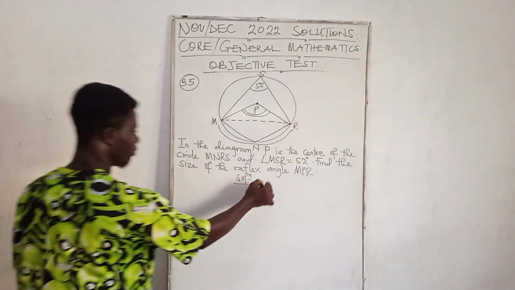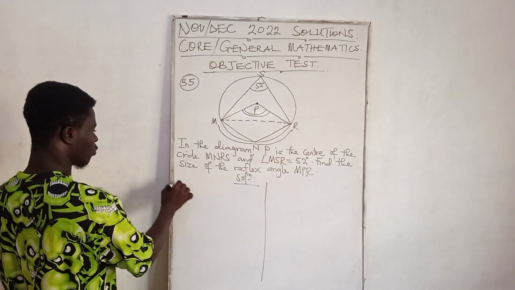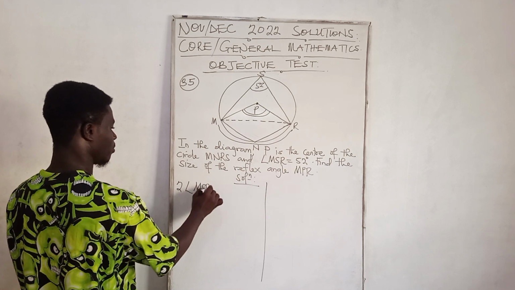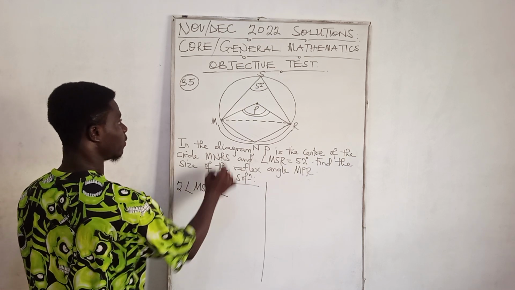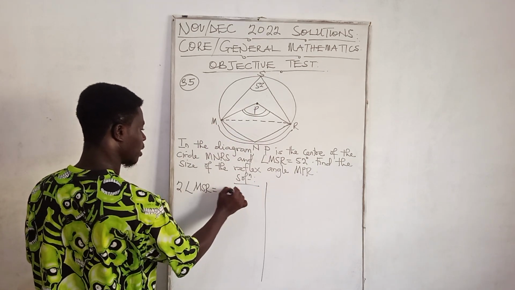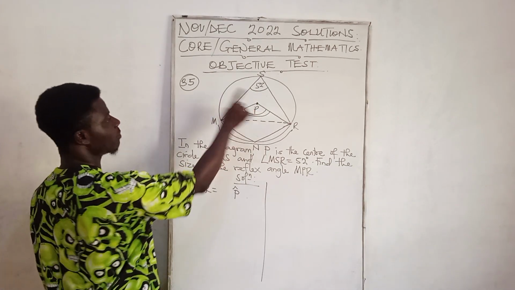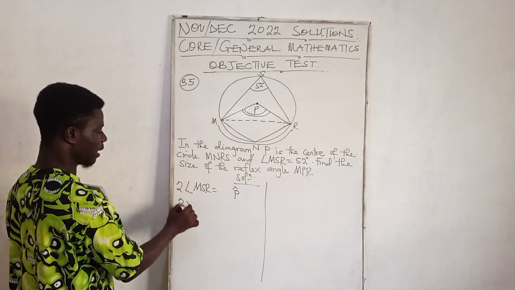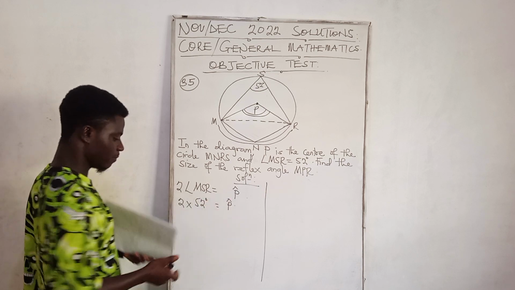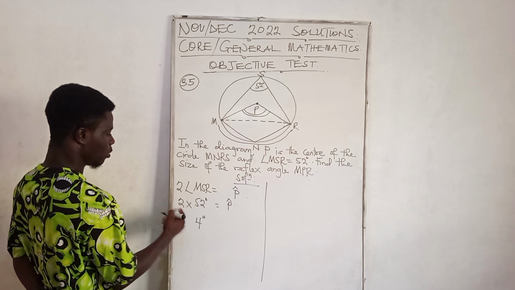So now I can say that twice of angle MSR must be equal to angle P. So twice angle MSR, 2 times 52 degrees, must be equal to angle P. So now, what do we do here? 2 times 2 is 4. 2, 5, 10.